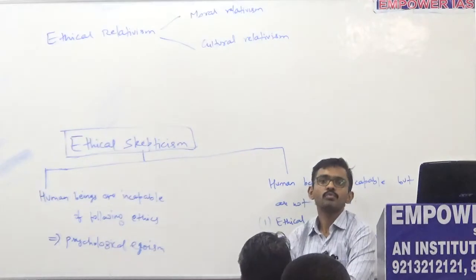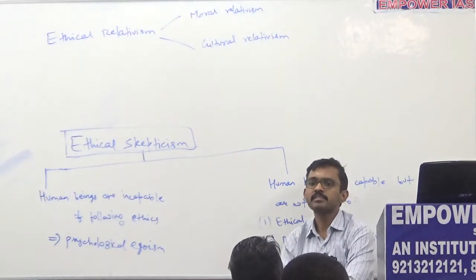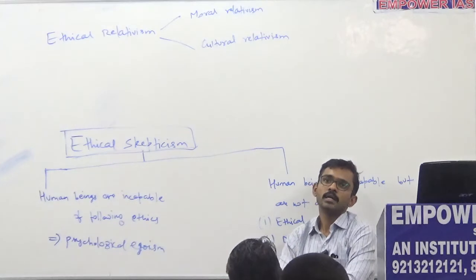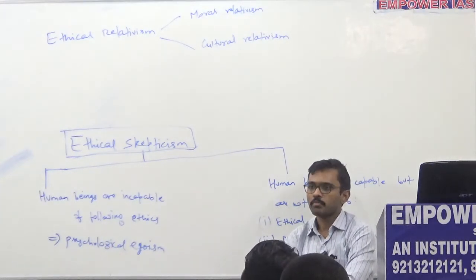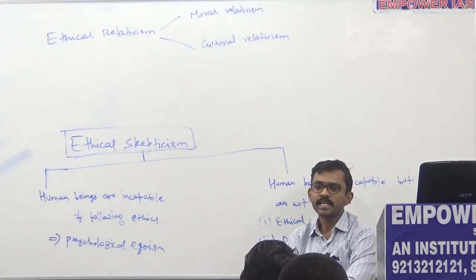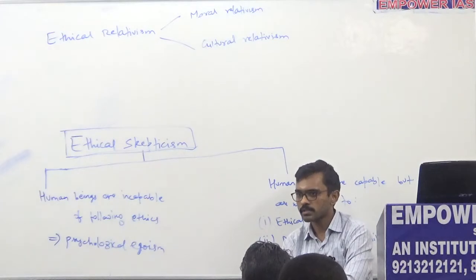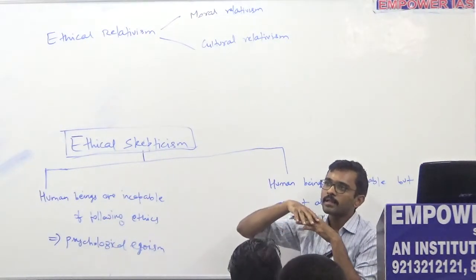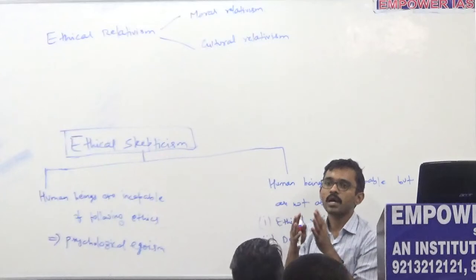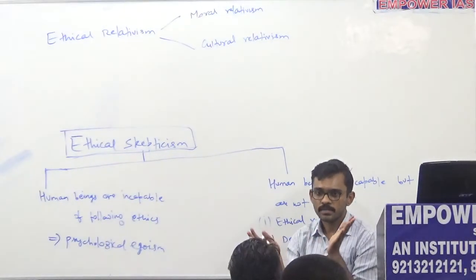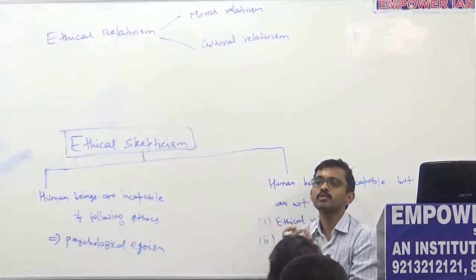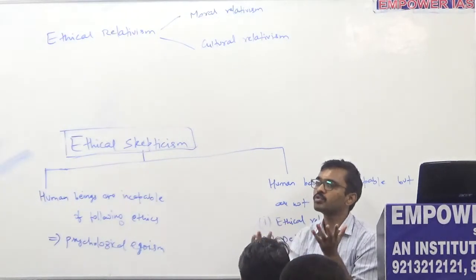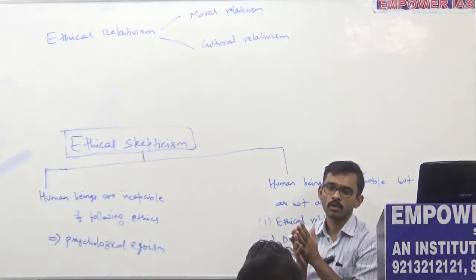Okay, so when we were discussing values, we discussed that different cultures and different societies have their own value system. Similarly, when we were discussing morals, I told you that different individuals have their own morals. So ethical relativists believe that all values are subjective and all morals are subjective, as in there are no universal values at all, and there are no universal morals at all.